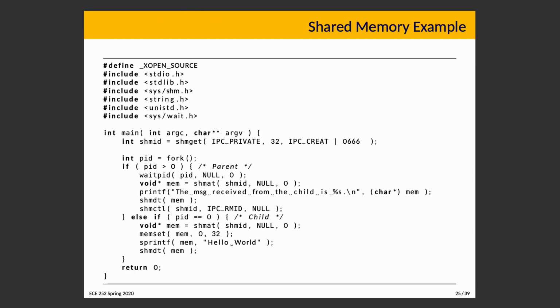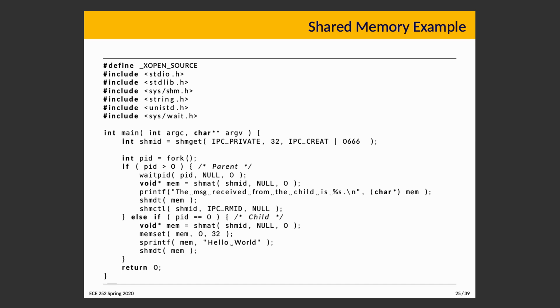So let's go to a shared memory example. This one is a minimal shared memory working example where we are going to transfer some data from one process to another, and they have this parent and child relationship. We will define the shared memory ID up at the top of main, and we will do it with shared memory get. It will be 32 bytes in size.